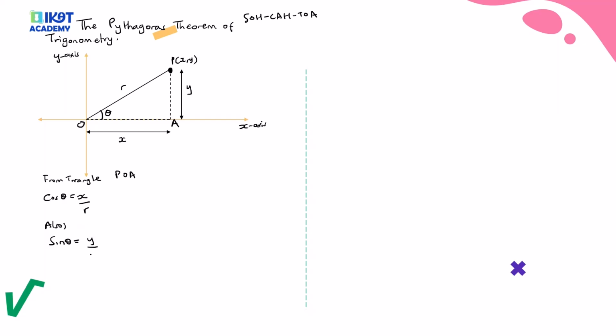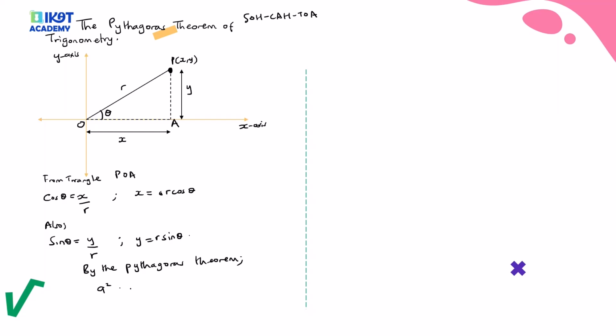From these equations we can make x the subject, so x is equal to r cos theta. Here we can also make y the subject, so y is equal to r sine theta. Then we bring in the Pythagoras theorem, because we've said the Pythagoras theorem of trigonometry. By the Pythagoras theorem, a squared plus b squared is equal to c squared.